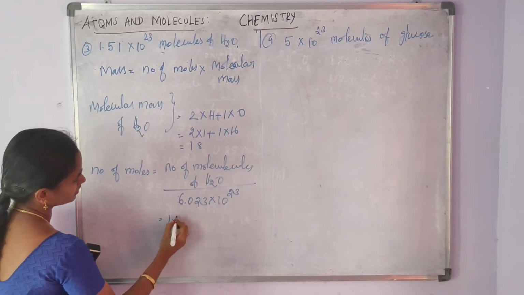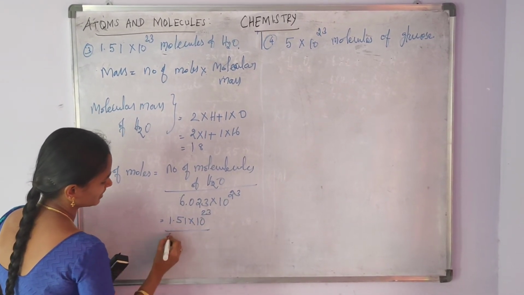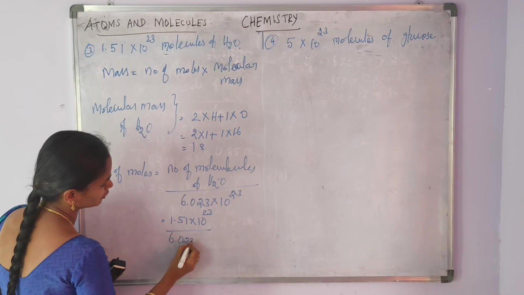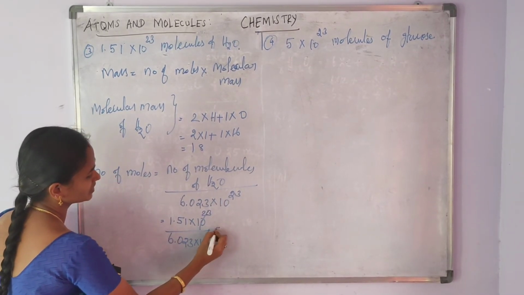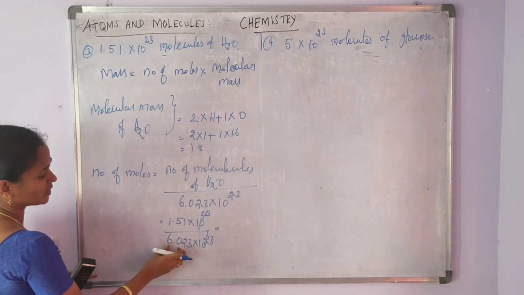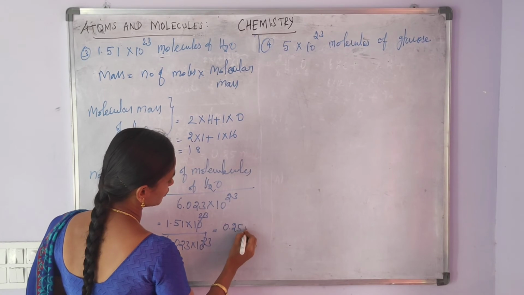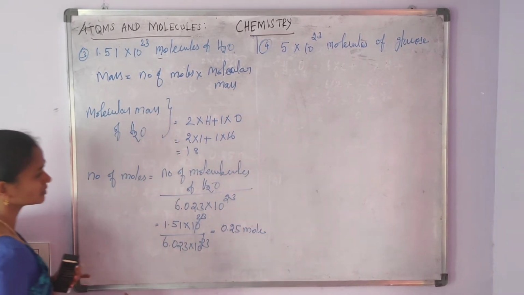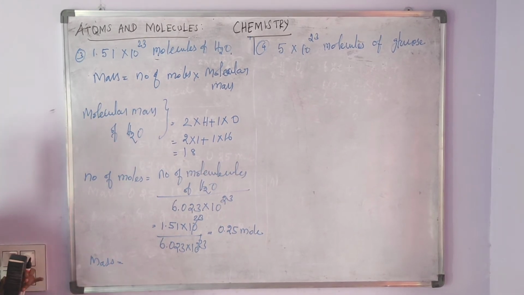Substituting the values, 1.51 into 10 power 23 divided by 6.023 into 10 power 23. So, by solving 1.51 divided by 6.023, we get the answer is 0.25 mole.